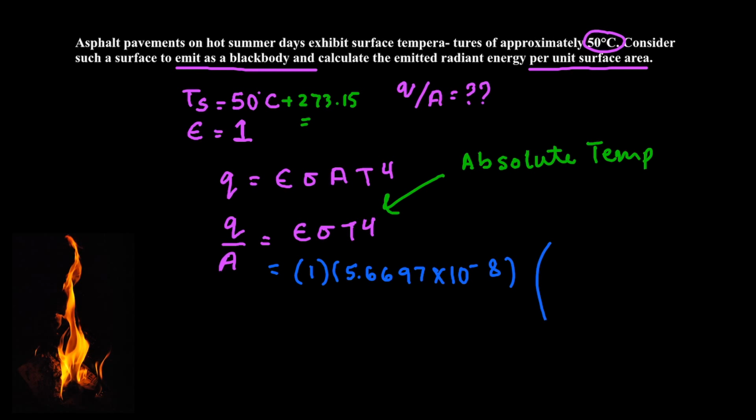I'm not going to write the units down because we know everything is converted to the right units. So everything works out. I've showed you that before. So now put everything back in, to the 4th. Multiply that by 5.6697 times 10 to the negative 8. You get approximately 617 watts per meter squared, and this is 323.15 to the 4th.